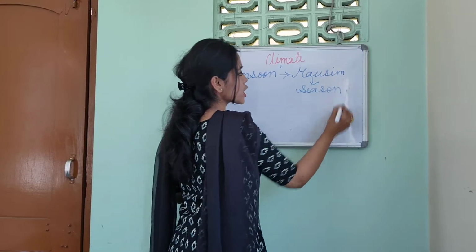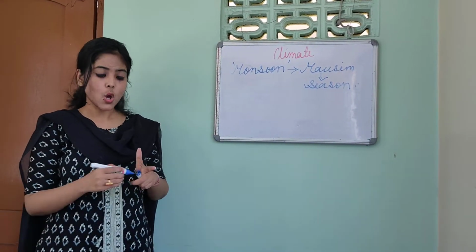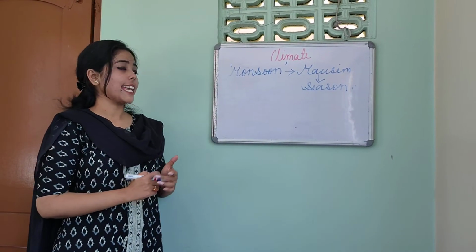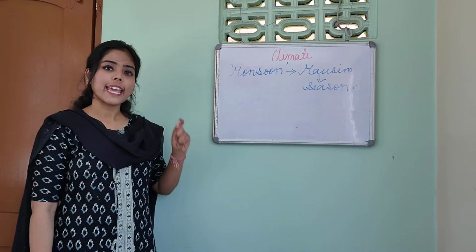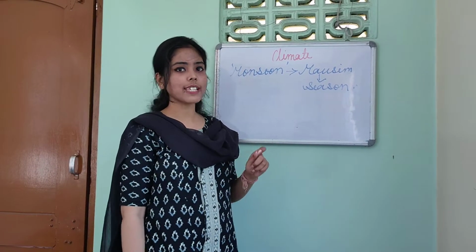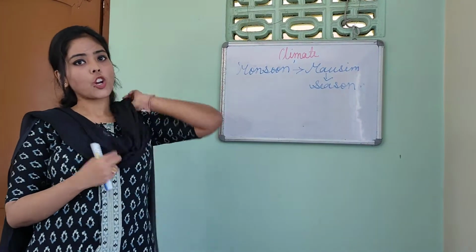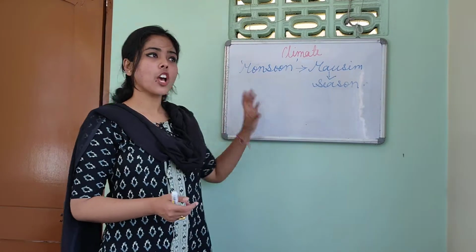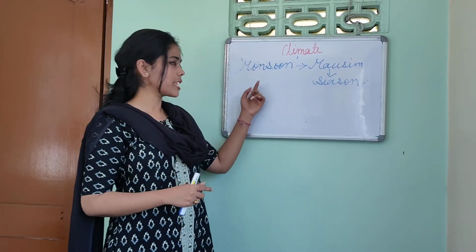And India is known for a tropical monsoon type of climate. Why so? Because in India most of the climatic phenomena are influenced by the monsoon wind. That's why it is known as a tropical monsoon type of climate. Not only that, in summer a huge amount of rainfall occurs due to this monsoon wind.